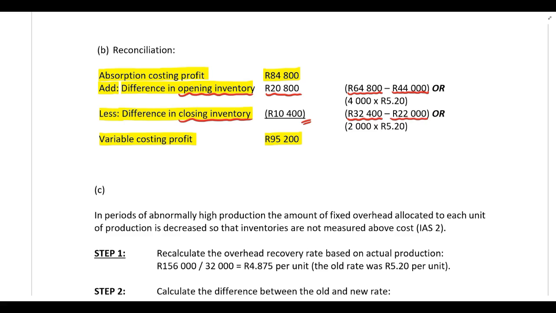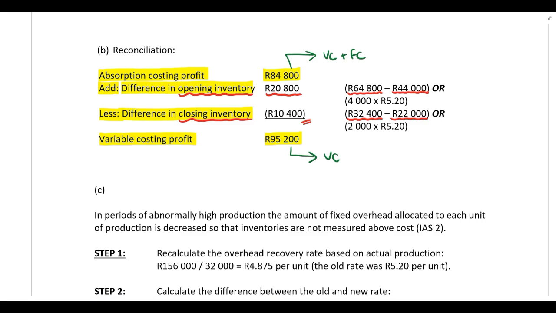As an alternative, and what also makes more sense logically, you can look at the calculation in this way. Remember, when we calculate our absorption costing profit, we include both our variable and our fixed production costs in the cost of inventory. However, when we calculate our variable costing profit, we only include our variable production costs in the cost of inventory.